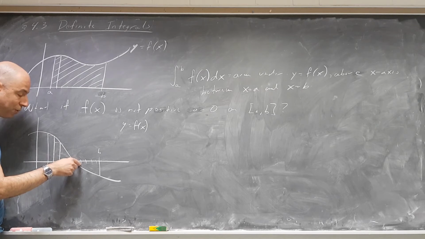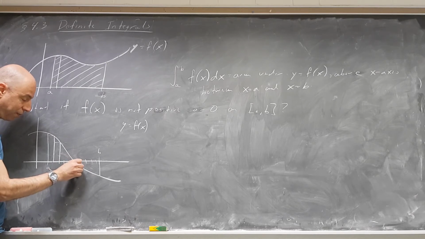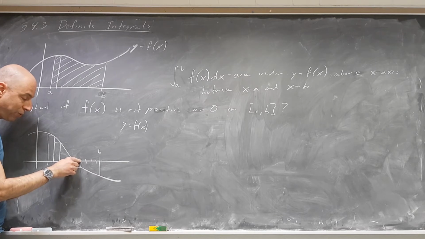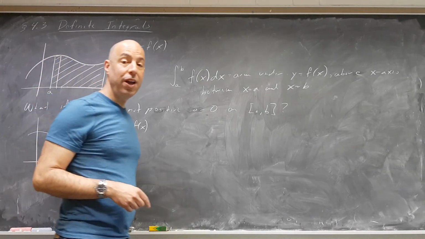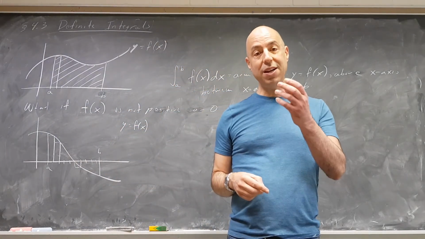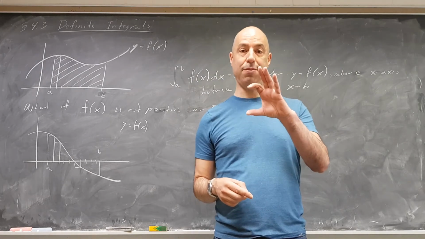Look what happens over in this region. On this little region, let's say we have the rectangle touch the curve over here. We have the width of the rectangle, and then the height of the curve there is negative. So if we're going to take the width of the rectangle and multiply by the height of the curve, we're going to end up with a positive number times a negative number.